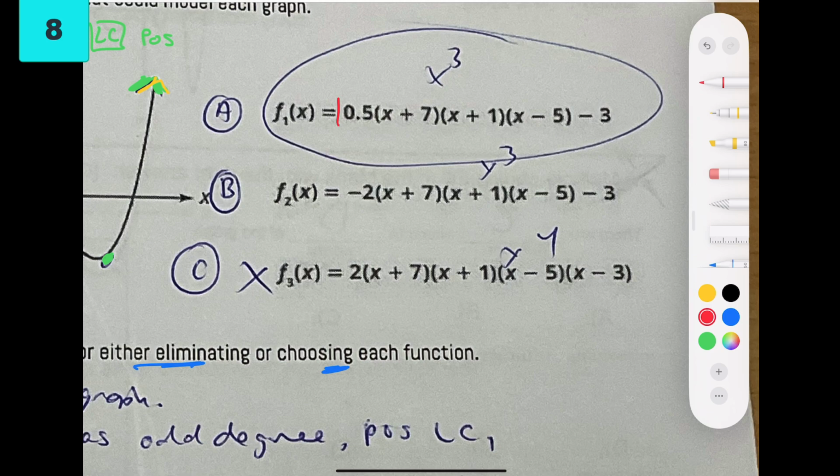This one has a positive leading coefficient. That's good. Let's look at the degree. X times x times x gives us x to the 3rd. And then if you really wanted to know the y-intercept, you can multiply 7 times 1, which is 7. 7 times negative 5 is negative 35, negative 38.